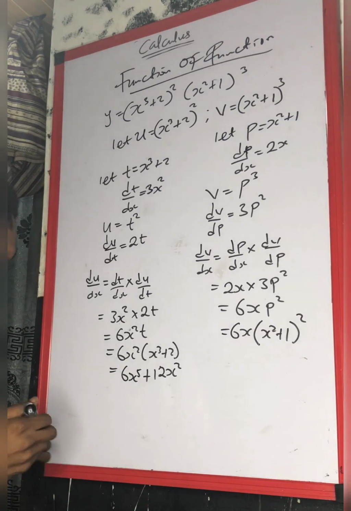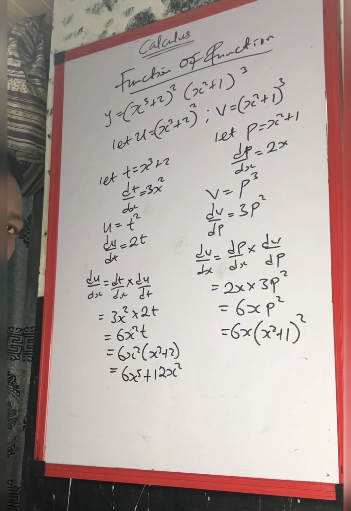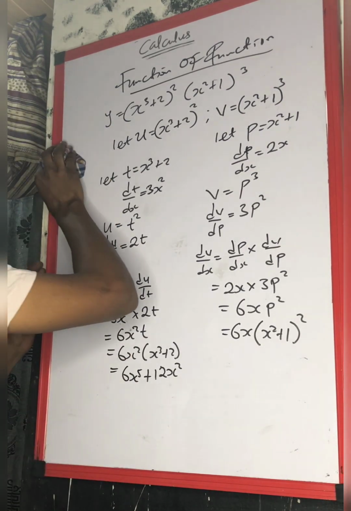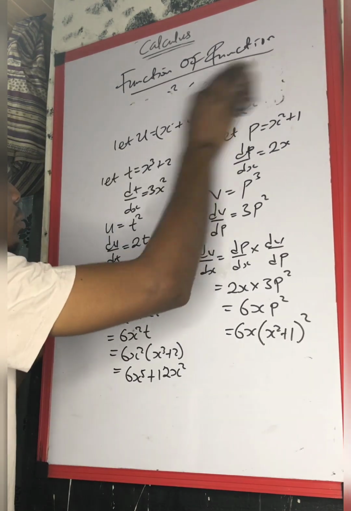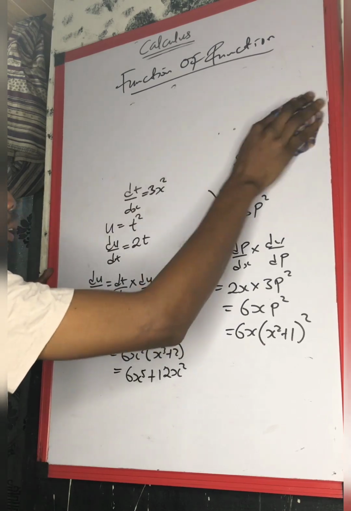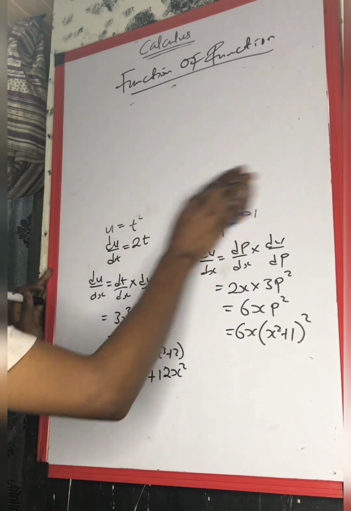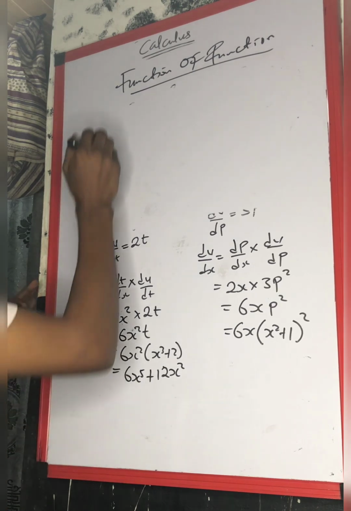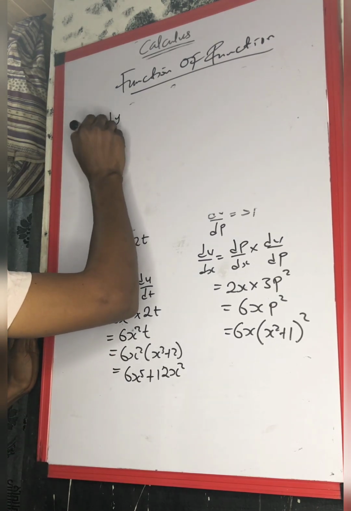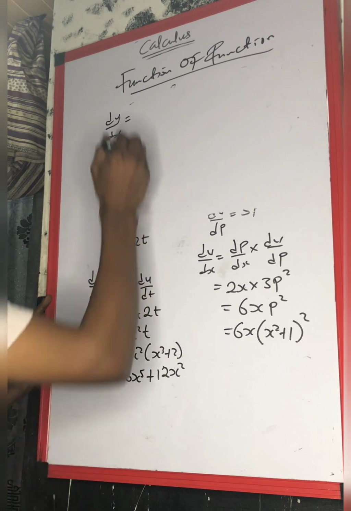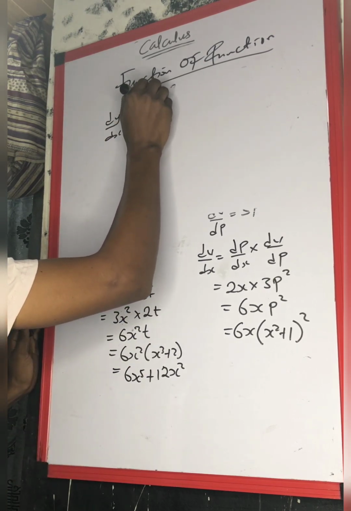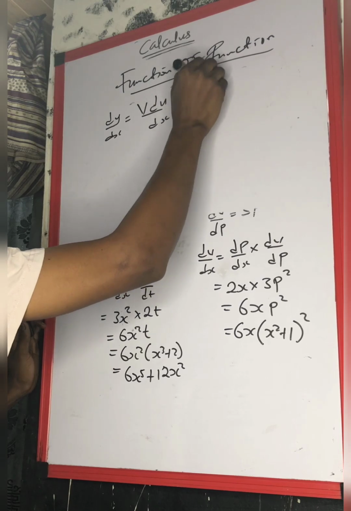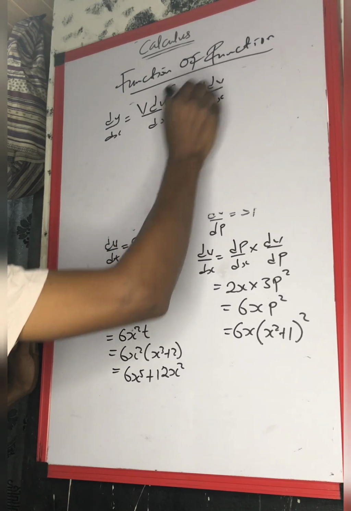All right, and what we are looking for is dy/ds. So in getting dy/ds, don't forget it is v du/ds plus u dv/ds.